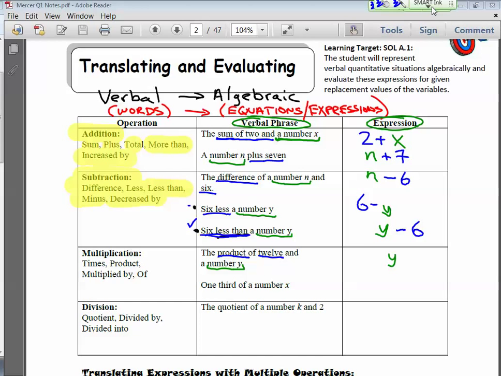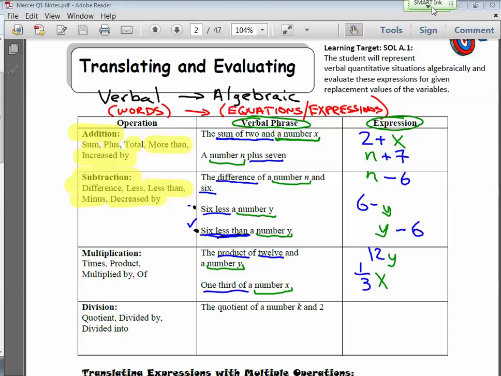So I could write that like this, but since it's a number and a variable, it's going to be easier for me to write it like this. Alright, and the next one, 1/3 of a number x. Here's my variable, write that, and 1/3 of that variable, that x, means I need to multiply it by 1/3. So 1/3 times x.